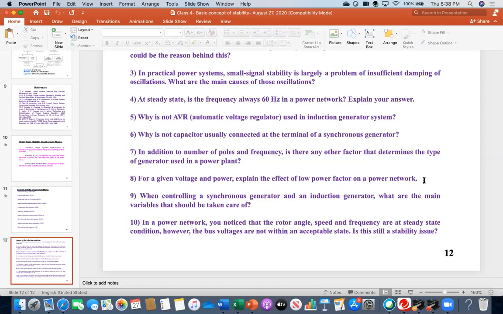Yes, if you have lesser cos phi, with voltage constant and power constant, then current will increase. And what is the impact of that increasing current? If current increases, then there will be voltage drop, less active power, more reactive power. Yes, okay, so you're right.